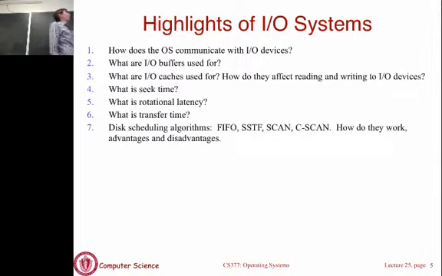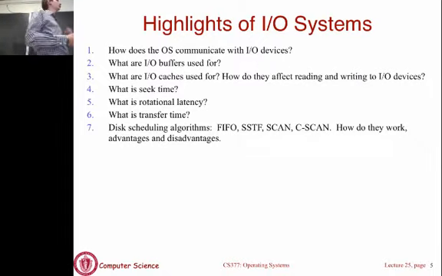But then we talked about one of the algorithms that's actually often used in disks, the SCAN algorithm, right? So that was basically the elevator. Right, so where you are basically scanning back and forth across the tracks of the disk, servicing requests as you hit them.